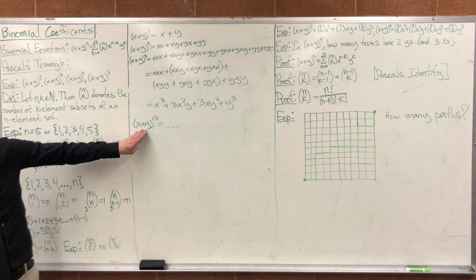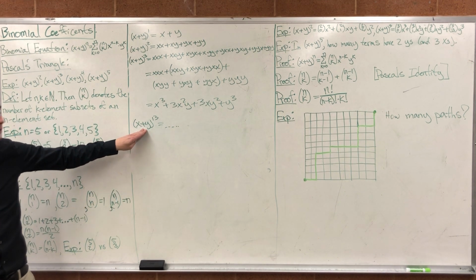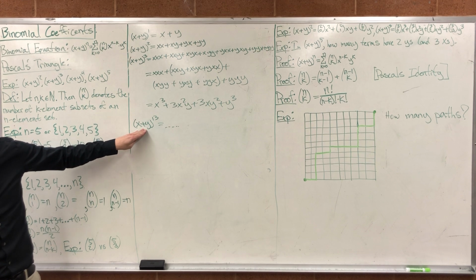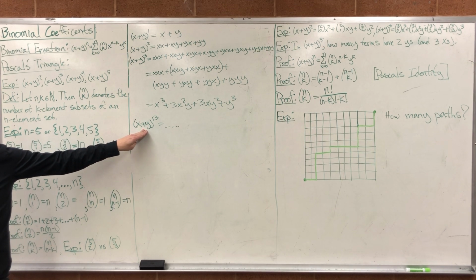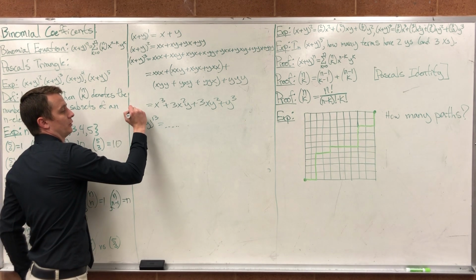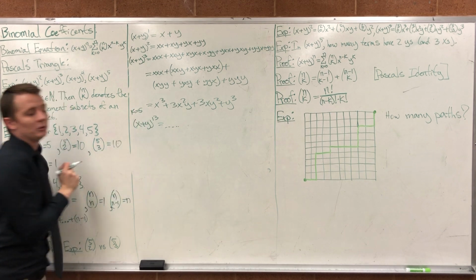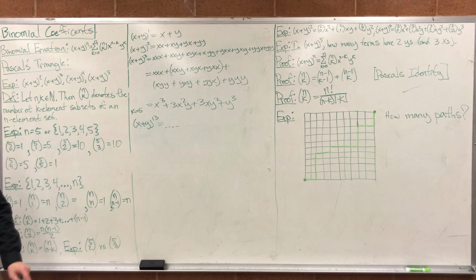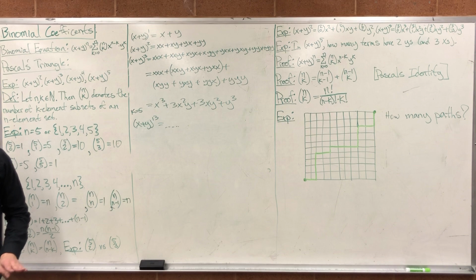I want to know what the term looks like that has, how many y's should we say? 5 y's? Sure. Okay, so we'll do 5 y's. Or in other words, we're thinking about the case where k is equal to 5. When we're talking about 5 y's there, how many have 5 y's?